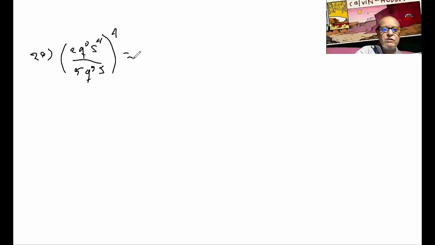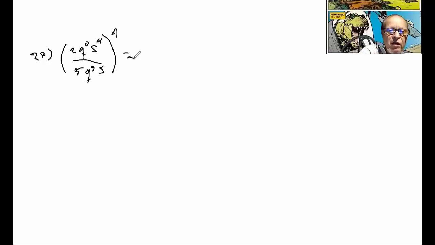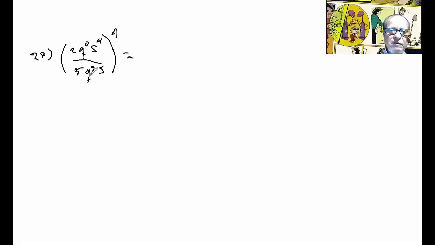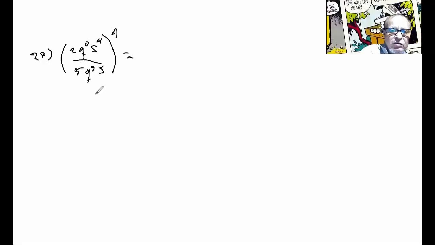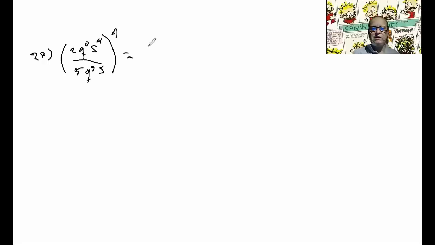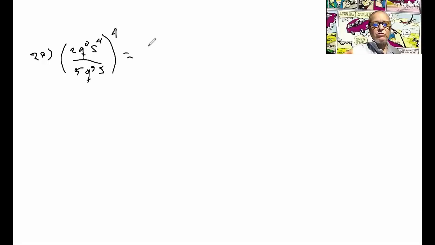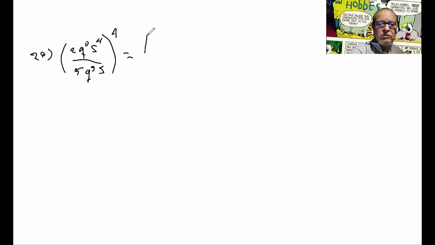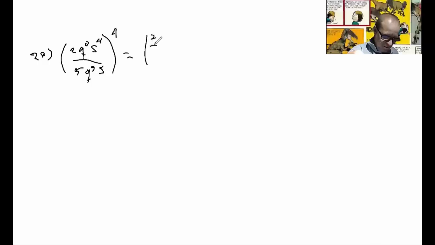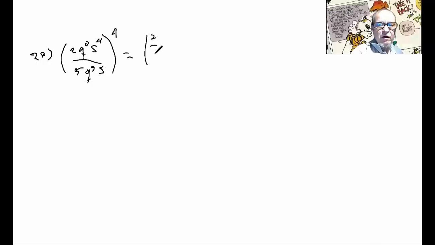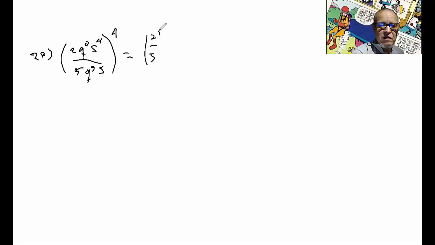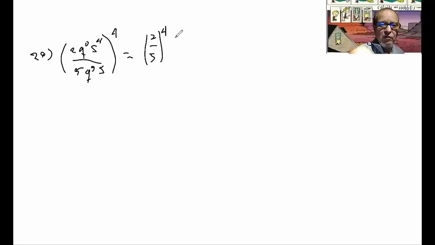So what I usually do is put my constants or numbers, my q's, and my s's in different brackets and bring them all to the 4th power. So I start out with my 2 over 5, and I'll put that to the 4th power.